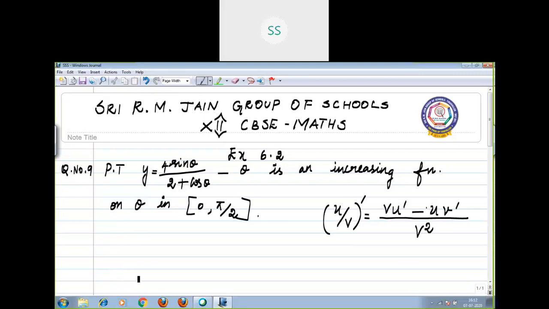So, solution: dy by d theta, or if you want, you can write y dash, equals, over 2 plus cos theta the whole square. First, your v square we have written.